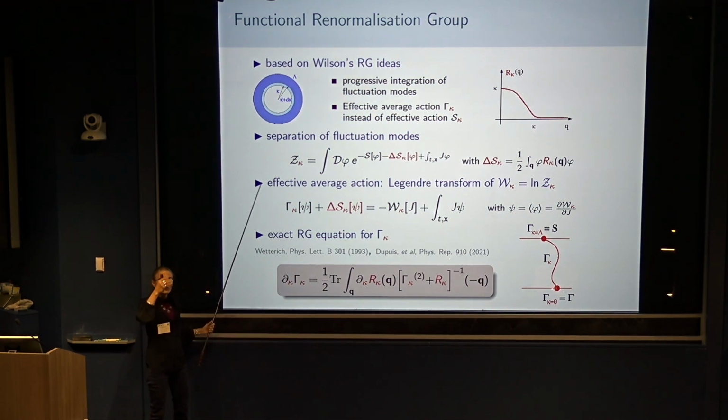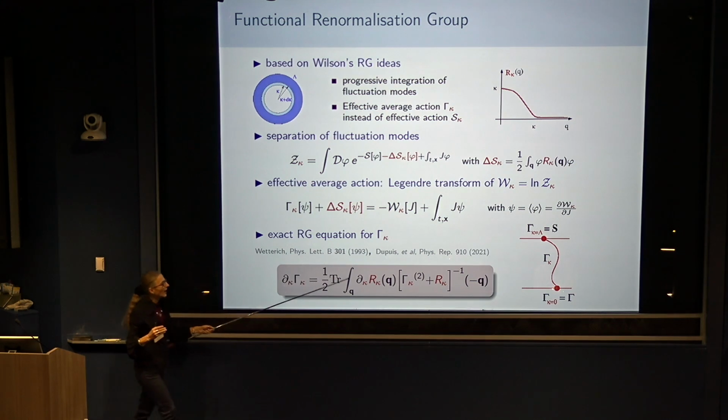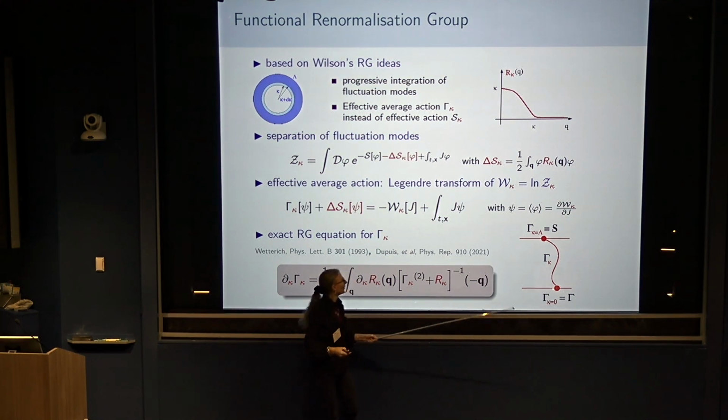And in fact, the evolution of this object as you integrate the scale is given by an exact equation, which is not difficult to derive, which tells you how this object evolves as you integrate your fluctuations. And essentially, pictorially, what it does is that it integrates from the microscopic scale, where you have just your action, to when you have integrated all your fluctuation, it just gives you your thermodynamic potential, okay?